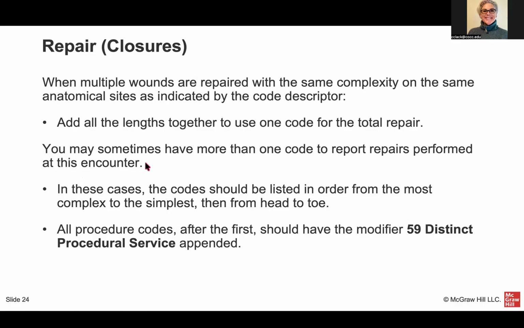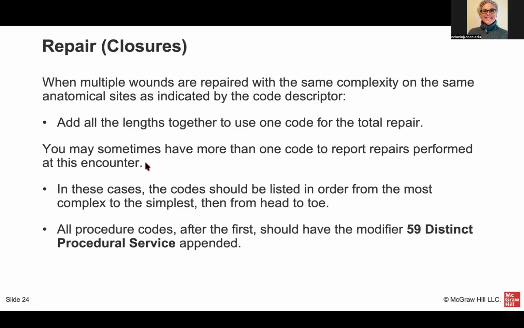But you may also have multiple codes to report, different complexity levels, different anatomical sites, etc. Now, in that case, you want to list codes from the most complex to the simplest, and then from head to toe within that. All codes after the first one get a modifier 59, which is a distinct procedural service added to show the payer that these are genuinely separate, distinct repairs and not a billing error.